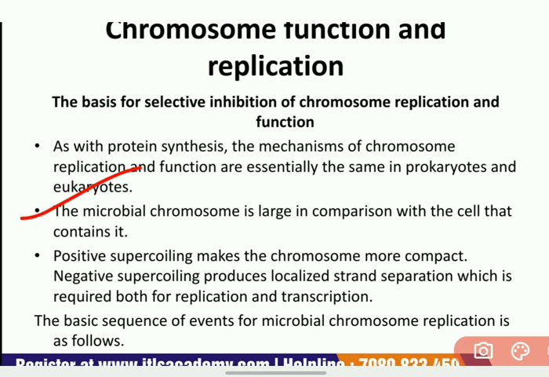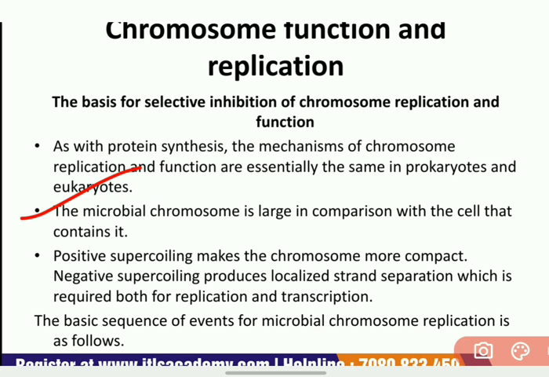The microbial chromosome is large in comparison with the cell that contains it. During replication, the circular double helix must be unwound to allow the DNA polymerase enzyme to synthesize a new complementary strand.